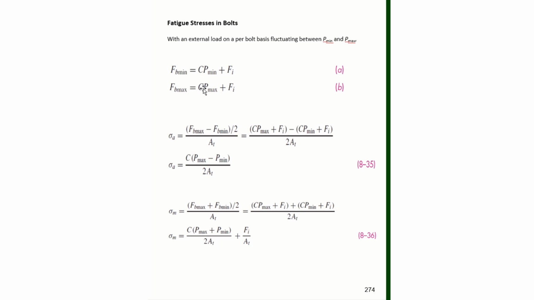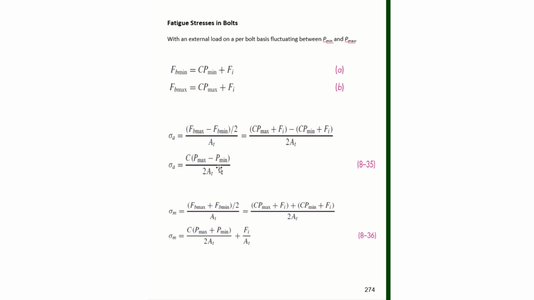And you can see here how this joint stiffness, which is usually significantly less than 1, reduces the overall P that is applied to the force in the bolt. Now, to compute the alternating stresses, we have several forms of the equation that we can use.